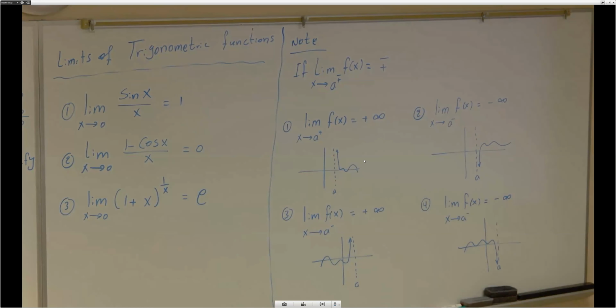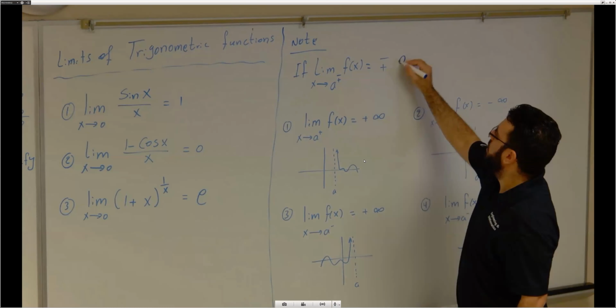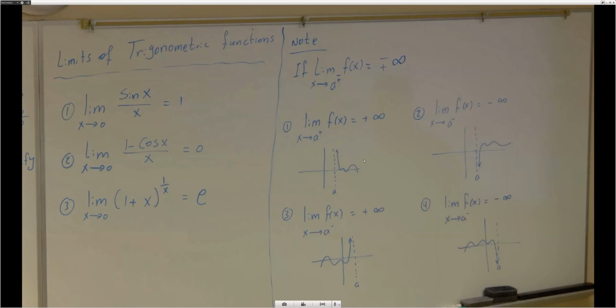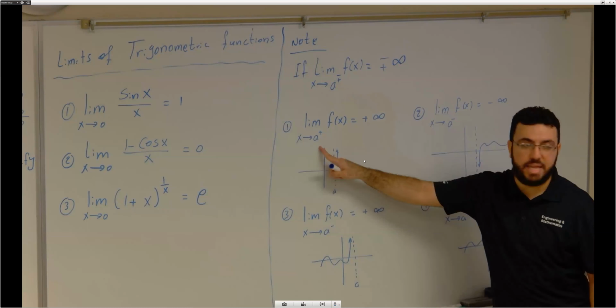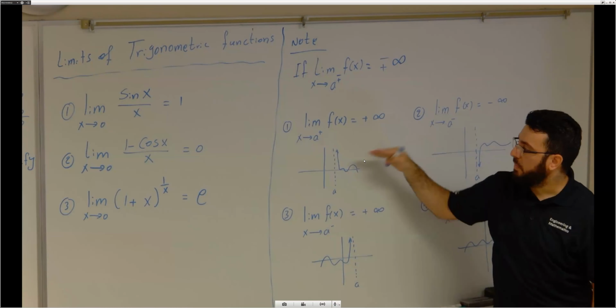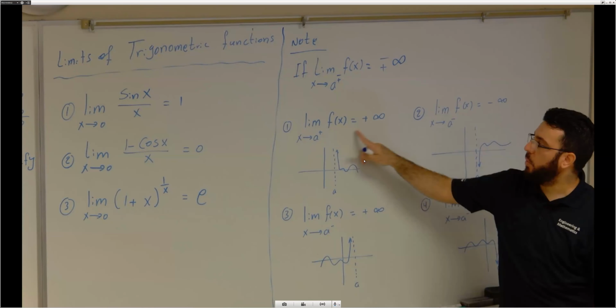And the next part, I told you about the limit when approaching a certain number, which is going to be infinity. The limit of the function approaching the number a from the right side is going to go where? To infinity. Any number here on the right, here or here.